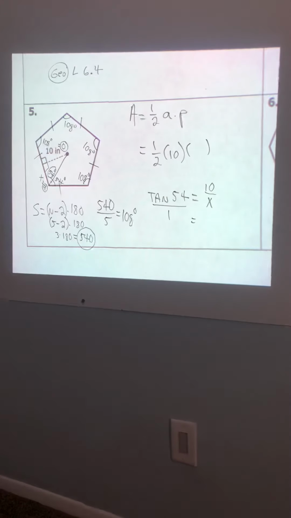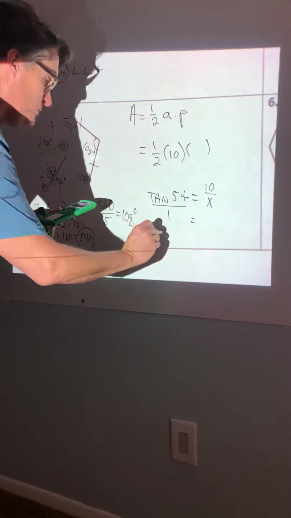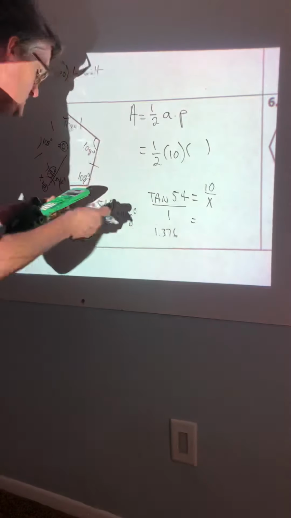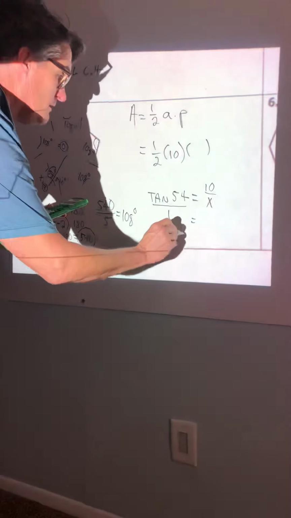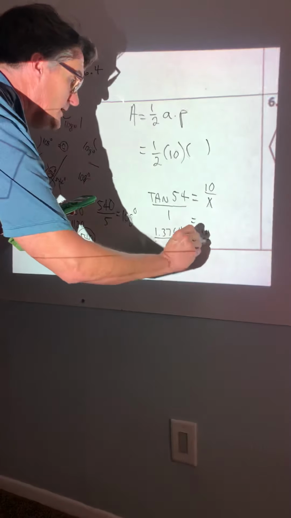You have to have a calculator for this. You got to make sure it's in degree mode. So real quick, I'm going to go tangent of 54 degrees, and I'm going to round it 4 places. So that is 1.3764 over 1 equals 10 over x.